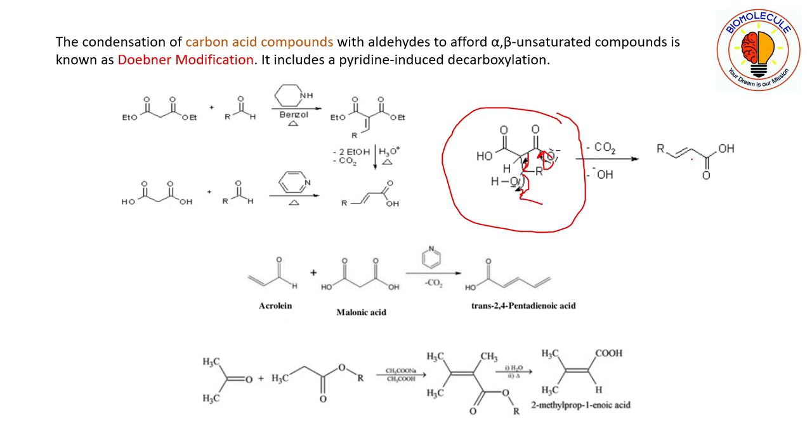So what you are getting is an alpha beta unsaturated acid. Now you use acrolein, then malonic acid. What you will get is trans 2,4 pentadienoic acid. This one is the Dobner modification.